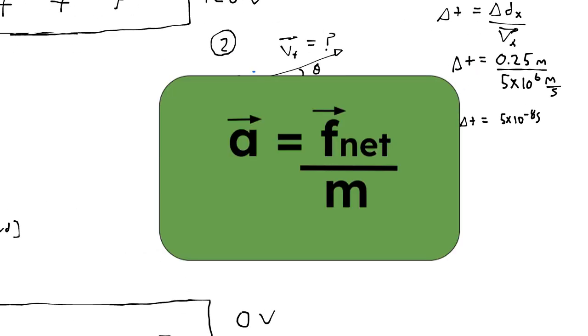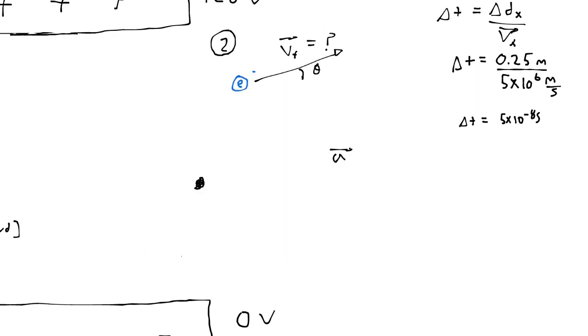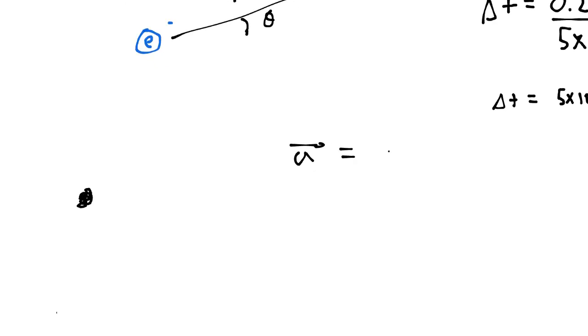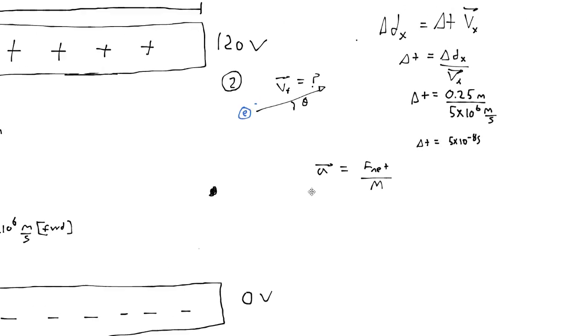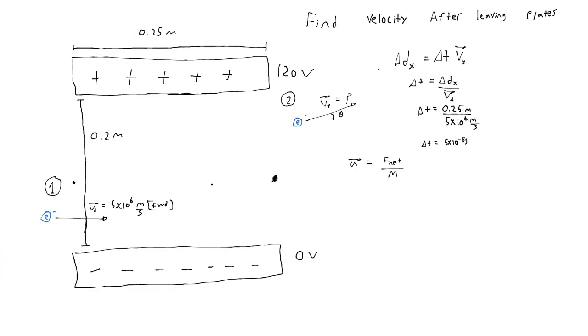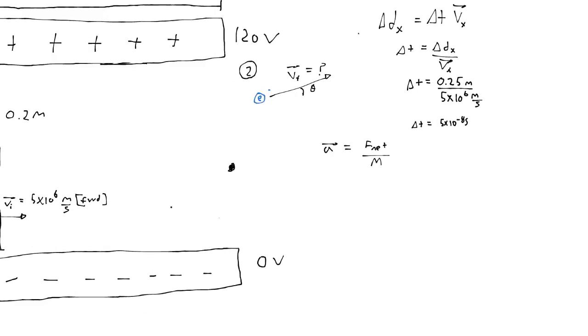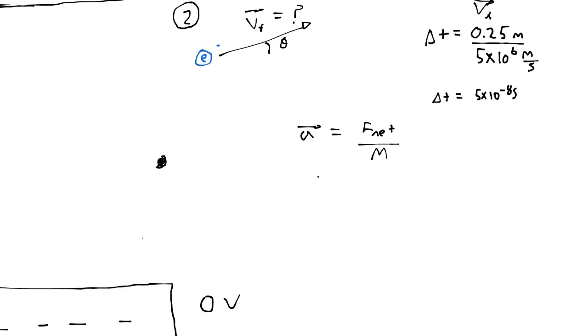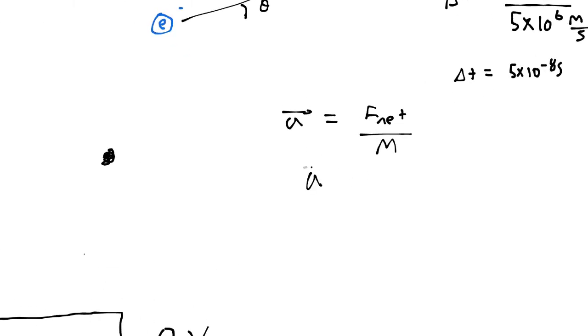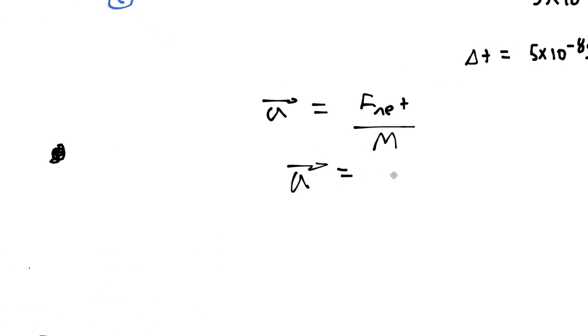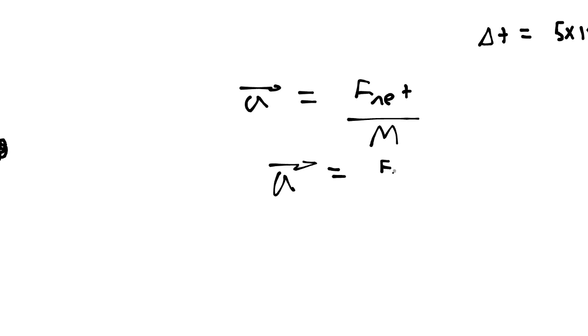So acceleration equals F net divided by mass. And now the only force acting on this is the electrical force, right? So we're going to do acceleration equals force electric divided by mass.